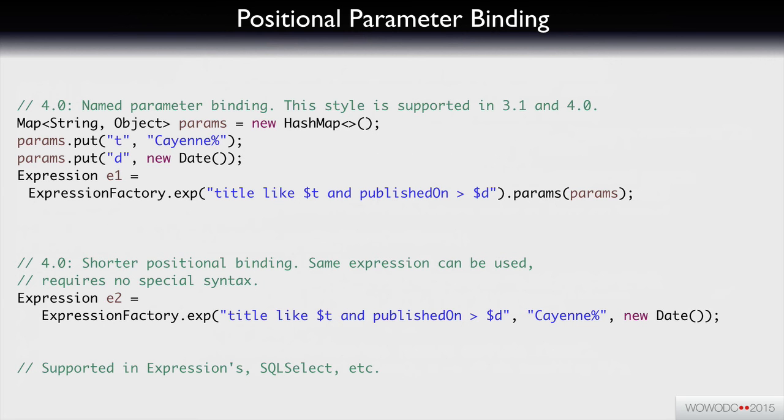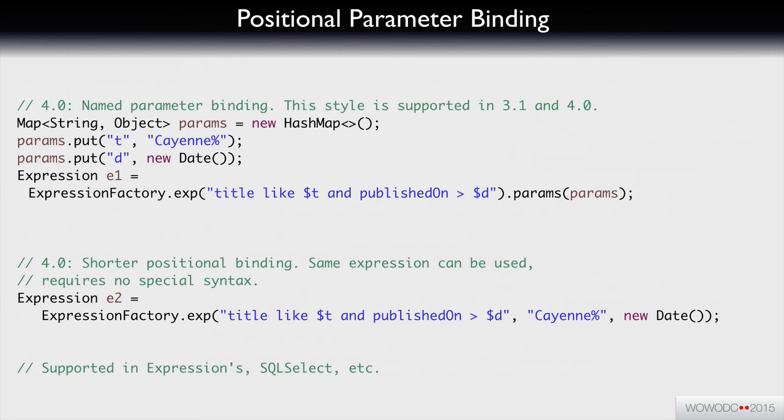The way it works is it parses the expression left to right. It finds a parameter with some name, and it takes the object from the parameter array, the object at index 0, and then it remembers that this parameter corresponds to the object at index 0.